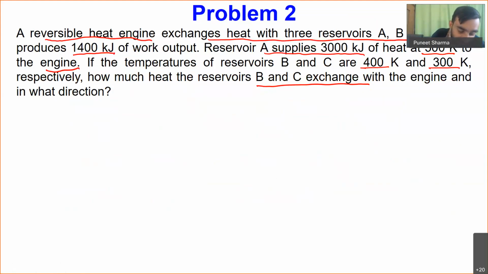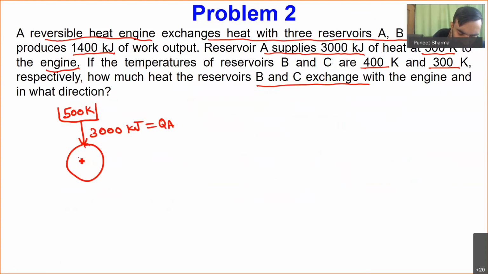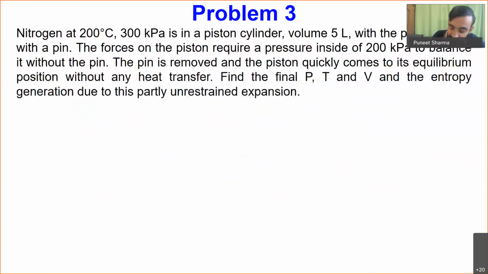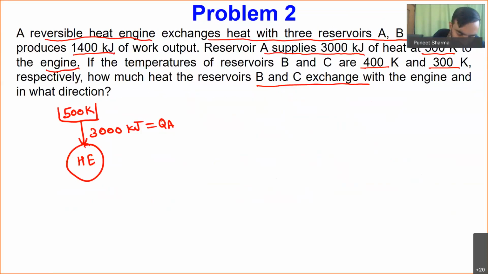Okay, so if I draw the schematic representation, I have some reservoir A whose temperature is 500 Kelvin, and it is supplying 3000 kilojoule of heat, say I call it QA, to one heat engine. This heat engine is connected to another reservoir at 400 Kelvin and one more reservoir at 300 Kelvin.